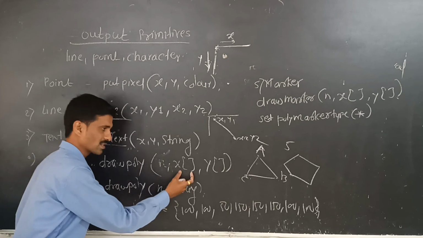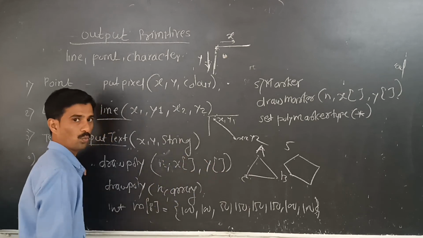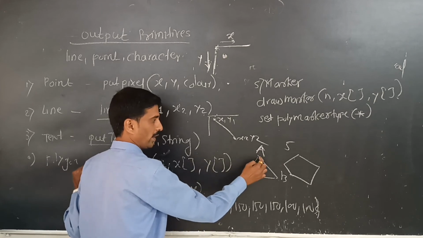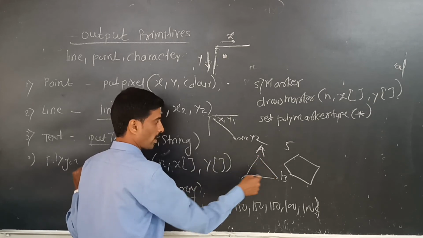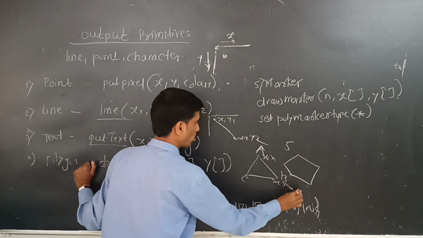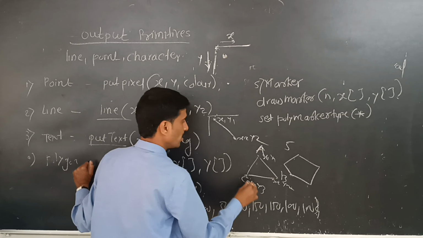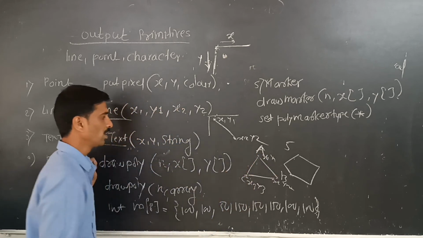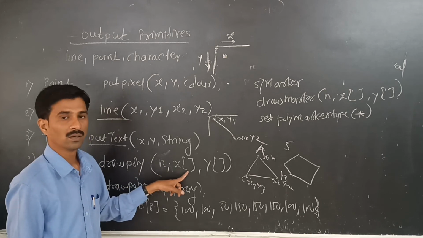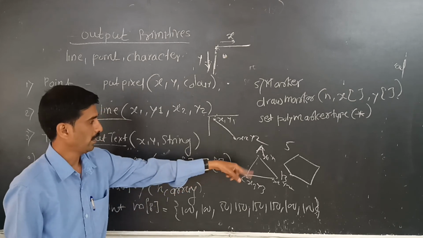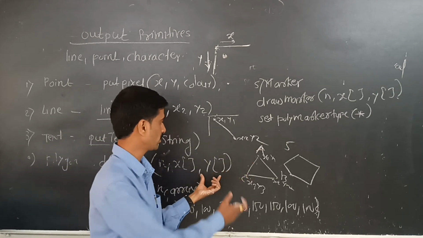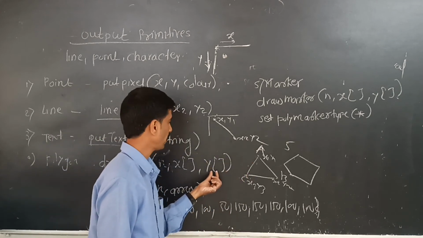And here is the array of x coordinates and the array of y coordinates. For drawing each point, we require the x as well as the y coordinate: x, y, x, y, x, y, or x1, y1, x2, y2, x3, y3. So for each point you require 2 values, x and y. We can make an array of x points and name it x array, and collect the y points and name it y array.